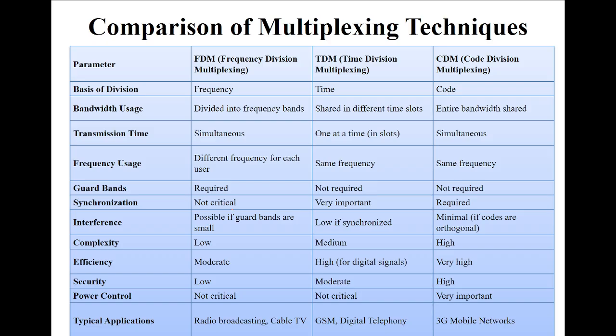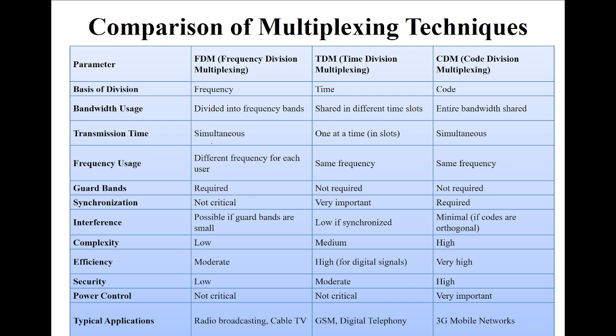Let us compare them. FDM divides frequency, TDM divides time, CDM divides code. Bandwidth usage: divided into frequency bands, shared in different time slots, entire bandwidth shared.